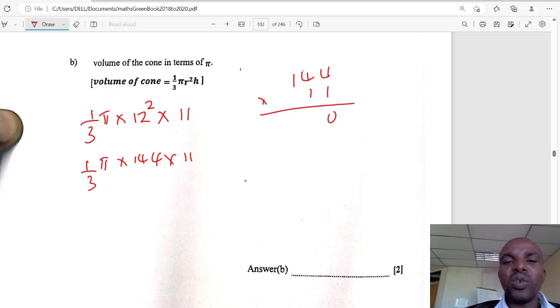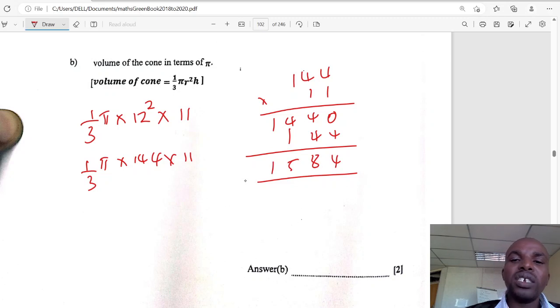So 144 times 11: times 1, place order, then 4, 4, 1, then 4, 4, 1. Then add the two items: 1,584. So it will be 1,584 over 3 pi.